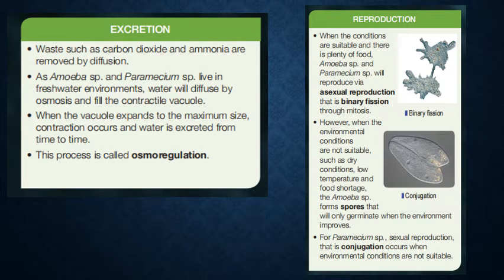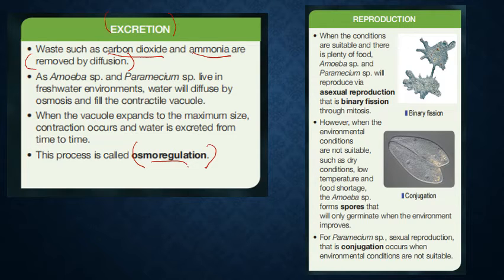Excretion in amoeba. What are the things that are excreted by these two unicellular organisms? One is carbon dioxide, the other is ammonia. These two substances are removed by simple diffusion. Now there is another process of excretion we call the osmoregulation process.